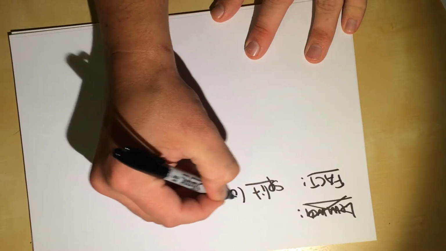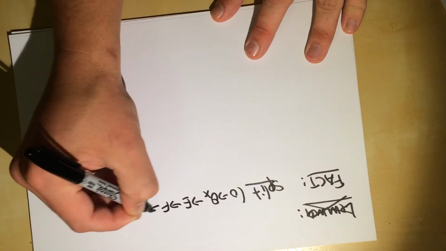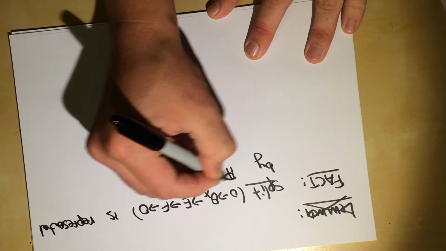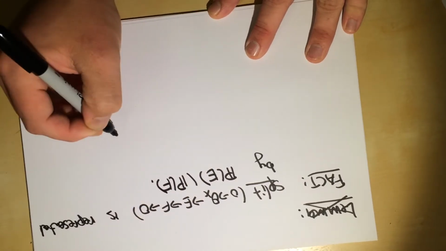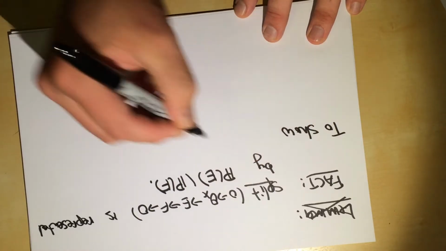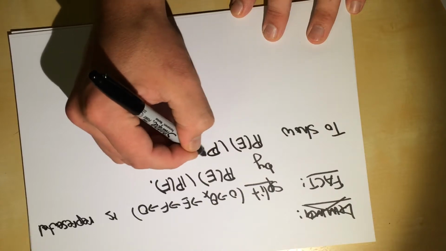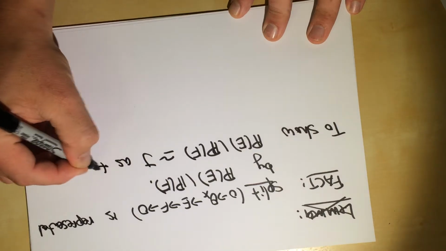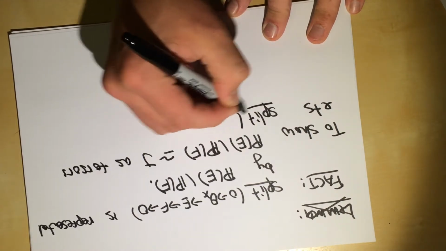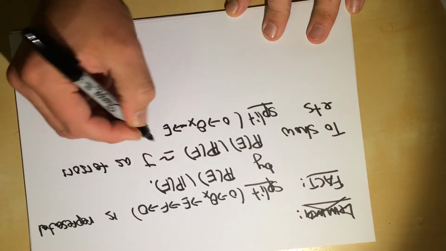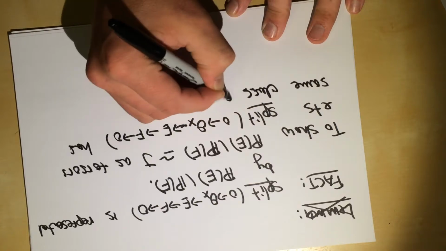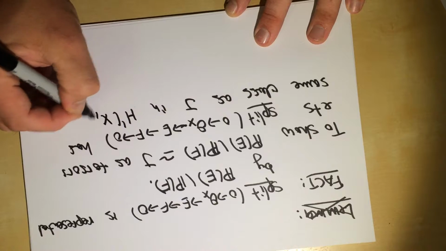Split is represented by P of E, P of F. Okay, so I'm not going to do this fact, but hence, to show that as torsors, it's enough to show that split has the class eta in H1 of X, F dual.